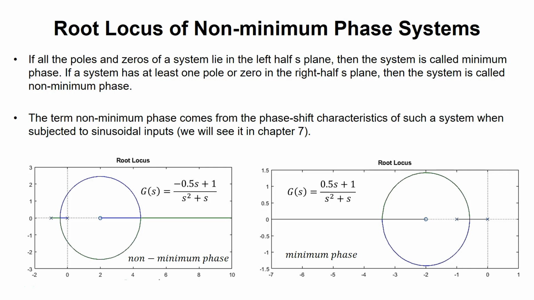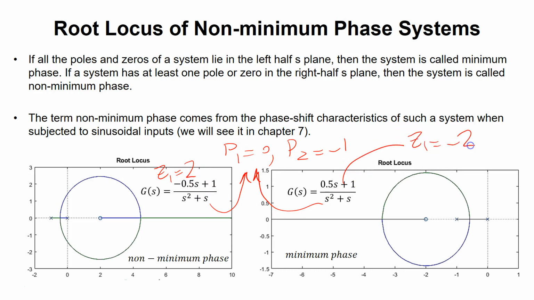Both systems have poles at P1 equal 0 and P2 equal -1. But this system has a 0 at +2, and this system has a 0 at -2.